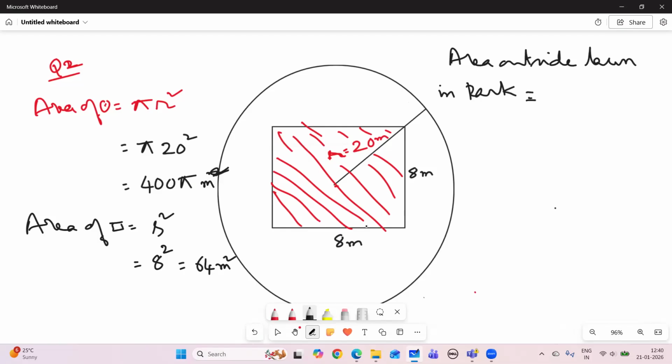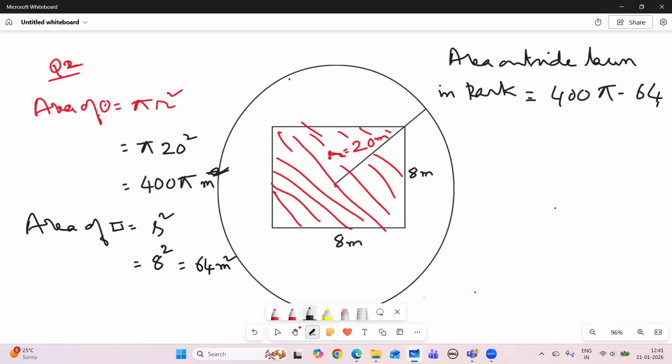This is 400 pi minus 64. Okay. Previously I thought he was growing it inside the lawn. No, he is growing it outside the lawn. So we have to find the area outside this square.